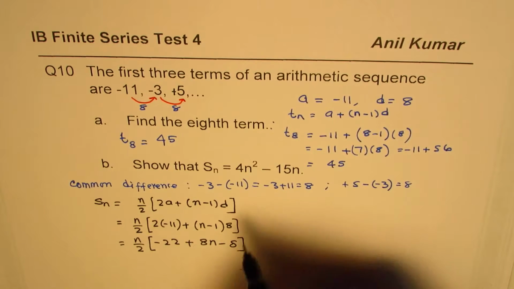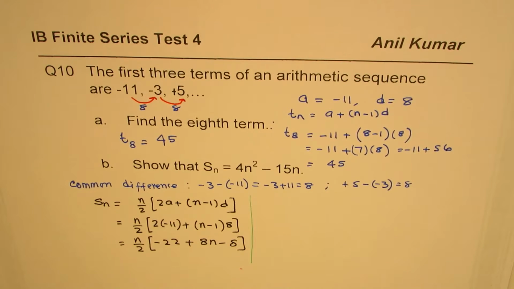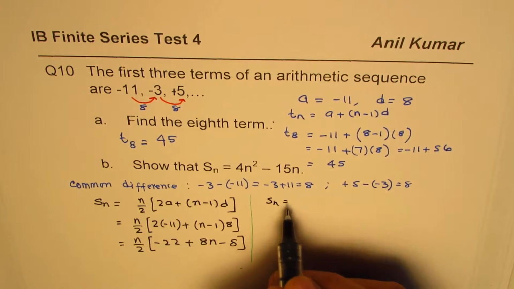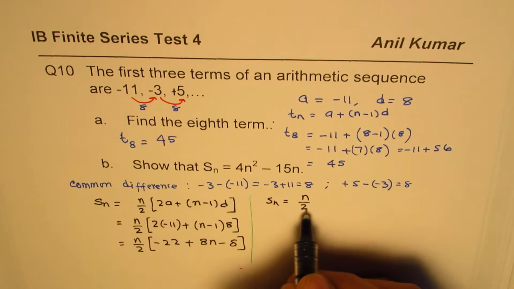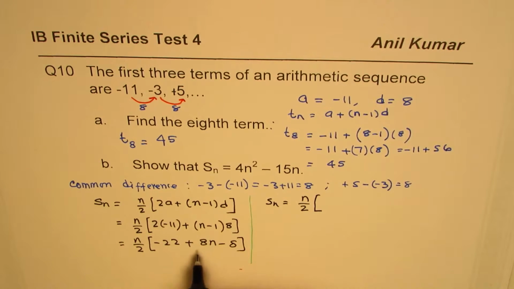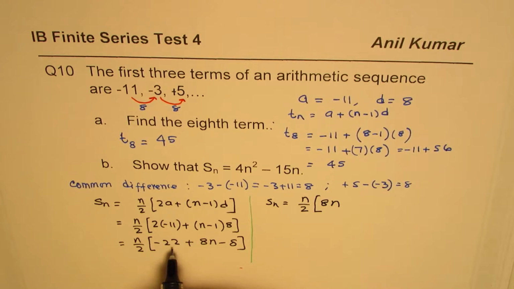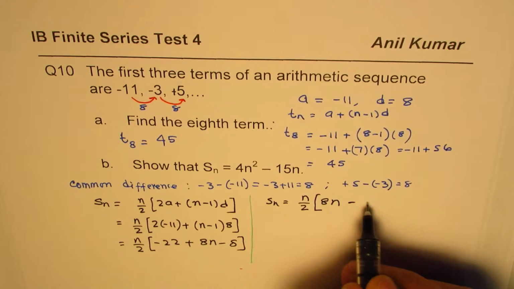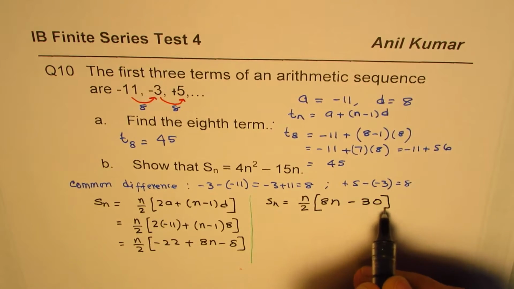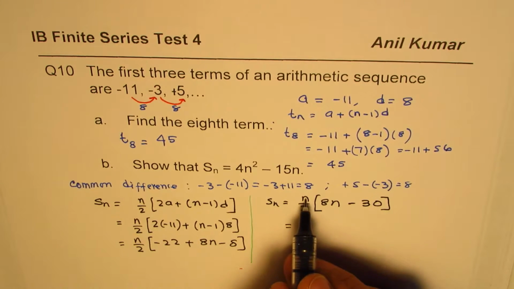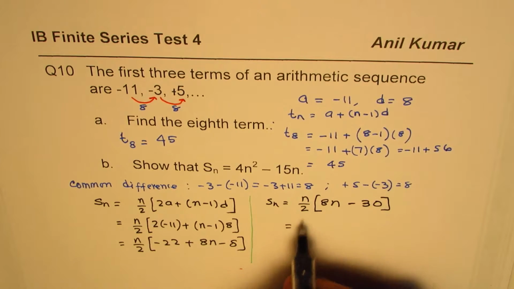So let's simplify this. We can write this as Sn equals n divided by 2, and within brackets, we have 8n, minus 22 minus 8 will give us minus 30. Now let's multiply each term by n by 2.